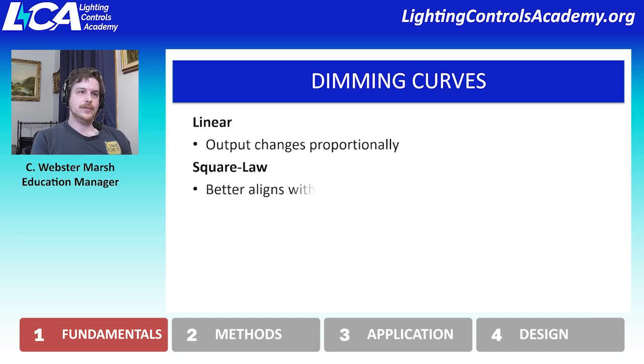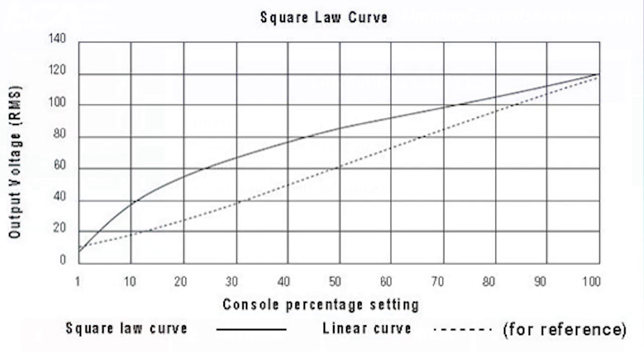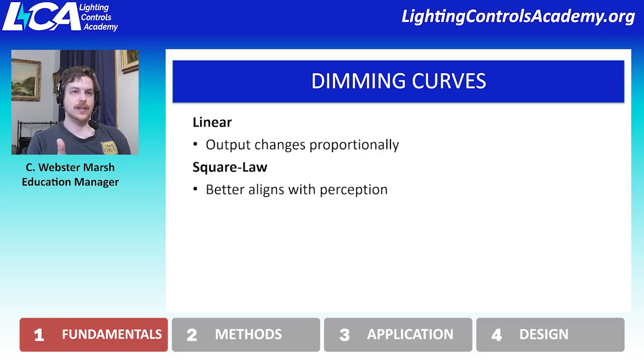So with square law, we're actually trying to align with the perception of people so that we make it a little bit more correct to what people expect from their dimmer. So we make it so that the very beginning of the dimming curve is quicker. And so between 0 and 10% on the dimmer, we might actually have between 0 and 20% on the fixture's output. And this much more aligns with our perception of intensity and brightness.